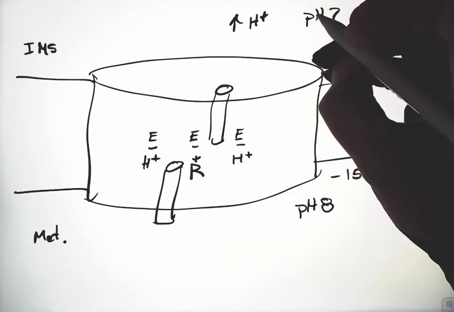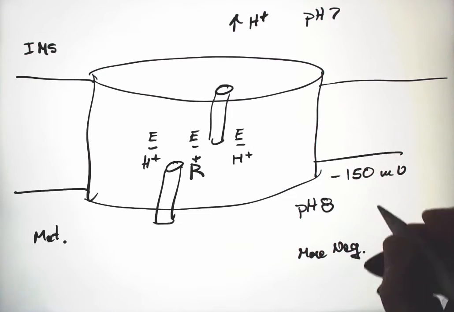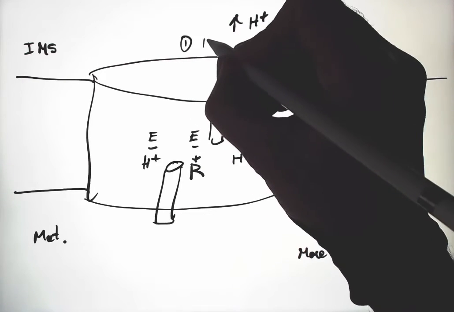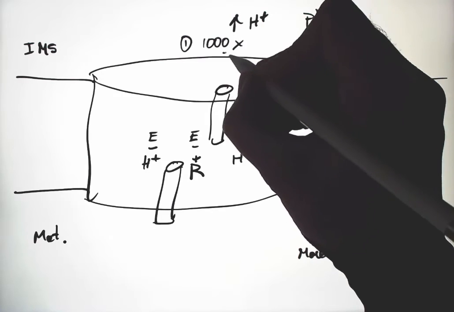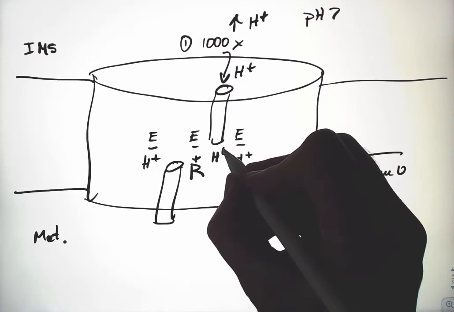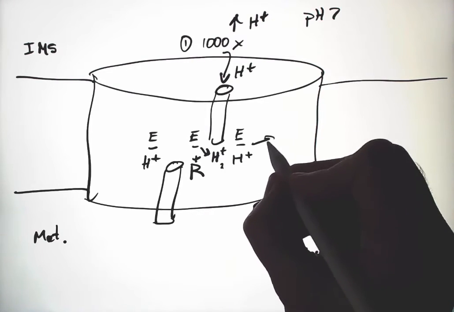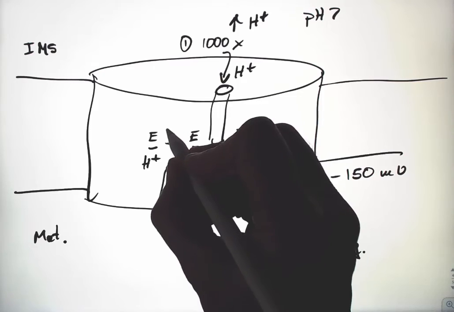The protons in the matrix are mostly interacting with the excess negative charge. So the result is 1,000 times more likely for a proton to enter than leave. When it does, that attracts a glutamic acid and turns our cylinder relative to the arginine.